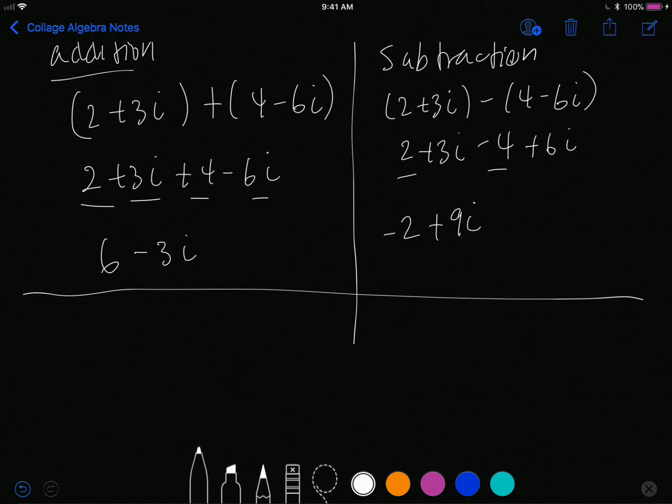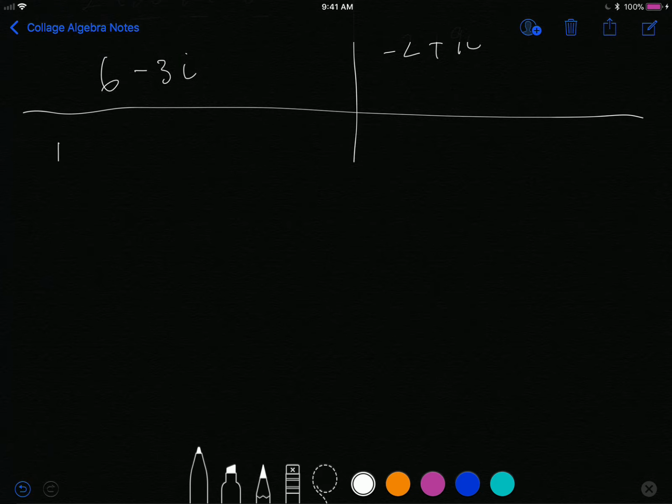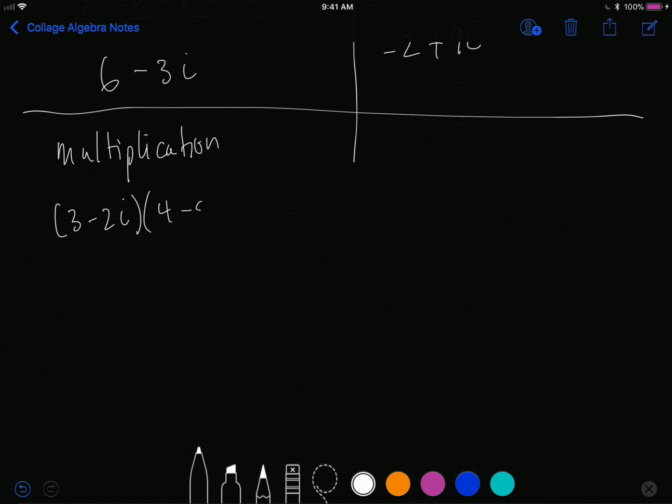Multiplication is just as straightforward. Let's say I have 3 minus 2i multiplied by 4 minus 5i. Right here, you just distribute using the FOIL technique to get the answer.